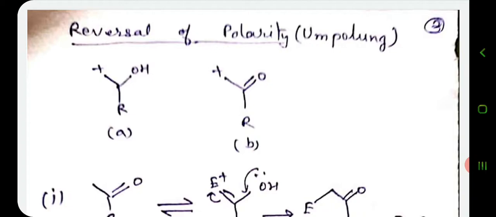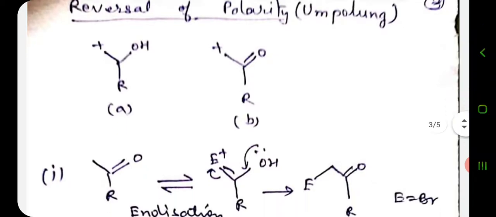Next we will discuss the reversal of polarity. What is the reversal of polarity? It is noticed that the synthons of type A and B obtained during 1,2 disconnections possess a positive carbon, which is electrophilic and consequently reacts with nucleophiles.